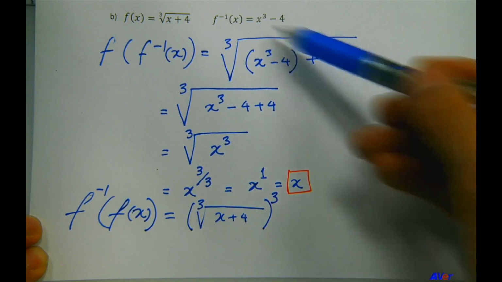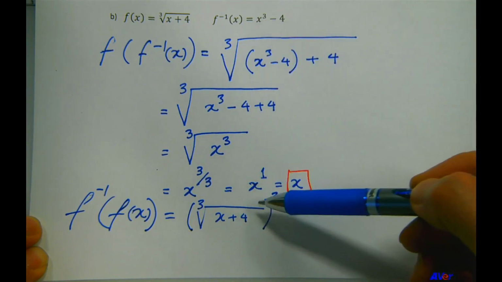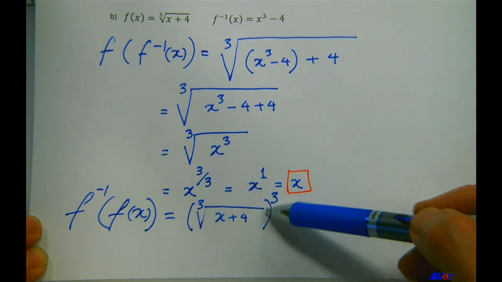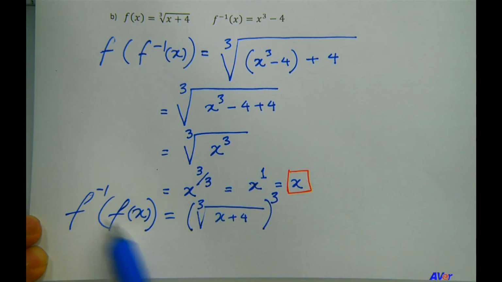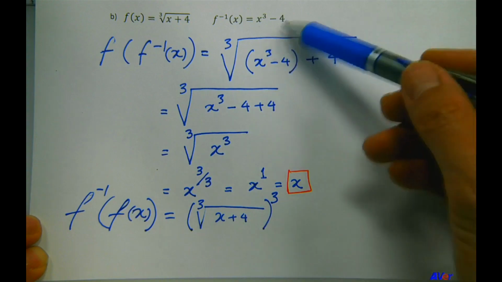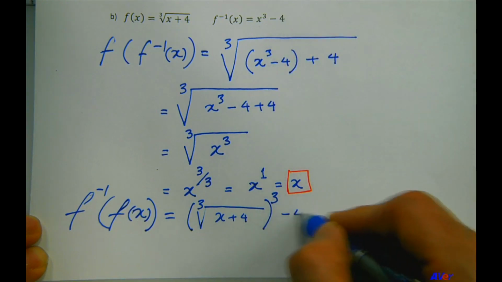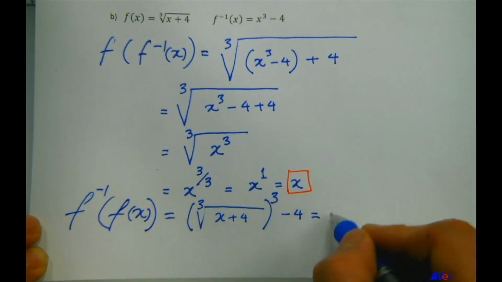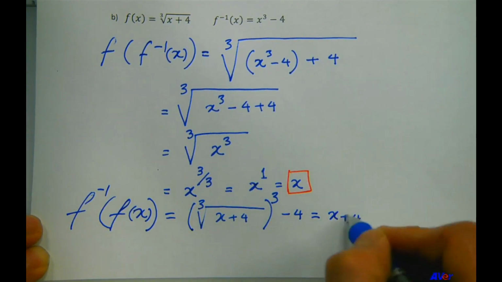X is gone. Instead, we have all of f. That's what we're doing, taking the composition of f inverse and f. And then we're left with negative 4 on the outside. Notice this power on the outside is equal to the index of this root function. So they cancel each other out. They're equal. So we end up with x plus 4.